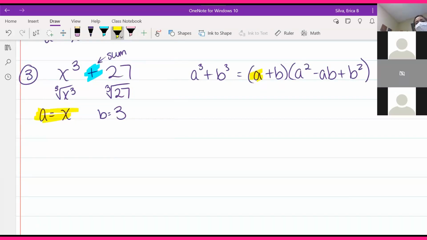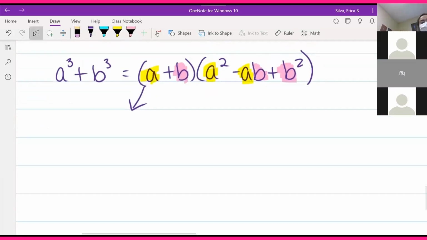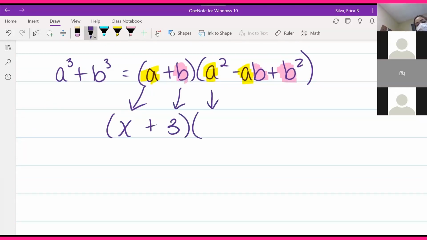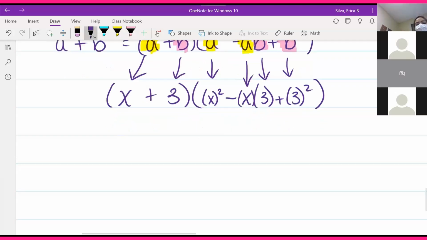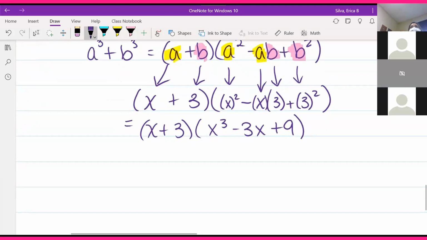My A's will be x, and my B's will be 3. Then we rewrite it: x plus 3 times x squared minus 3x plus 9. Any questions?